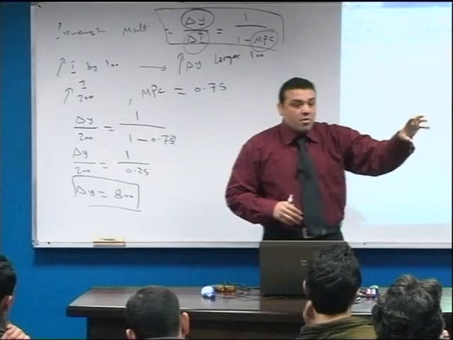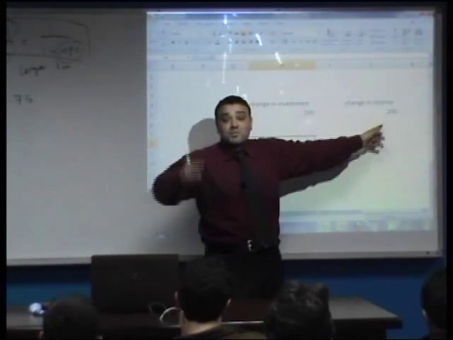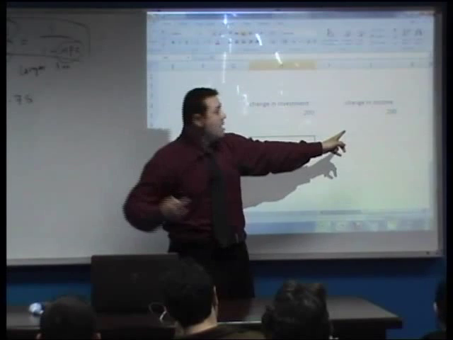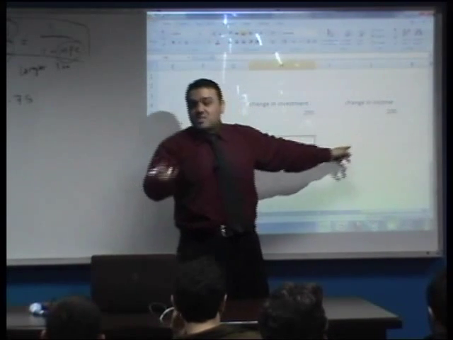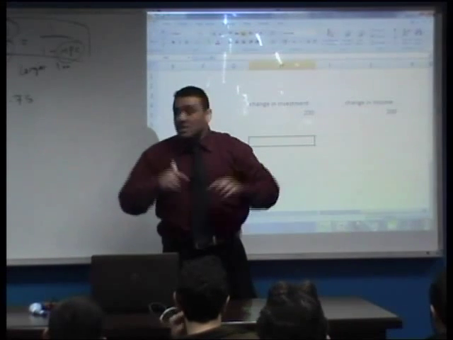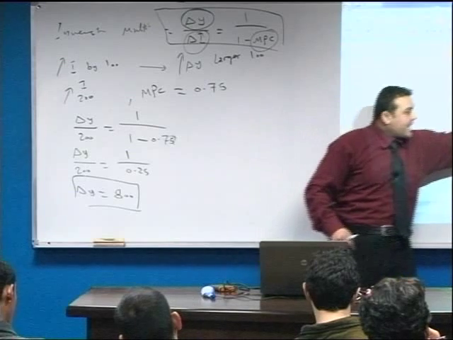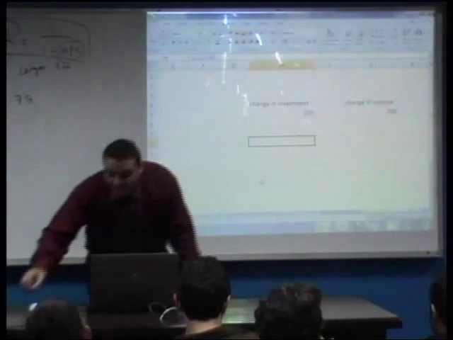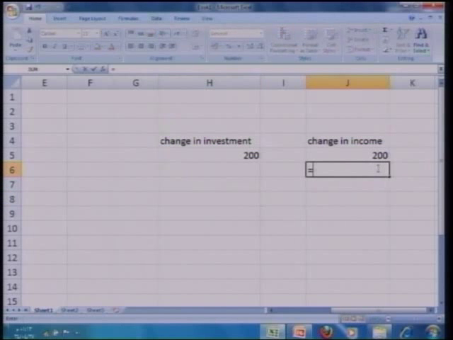The group who received $200 million as income will spend 75% of this income on consumption. By how much? 0.75, which is the MPC. So in the second stage, we have a new income created equal to 0.75, which is the MPC, times the previous $200 million.